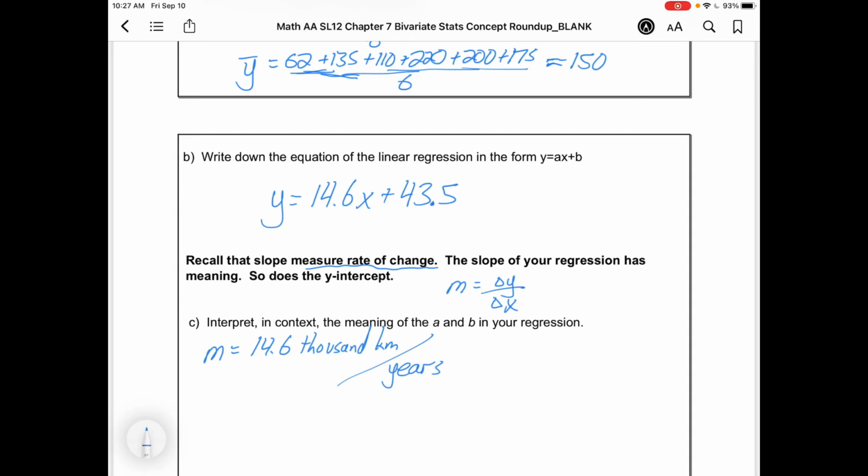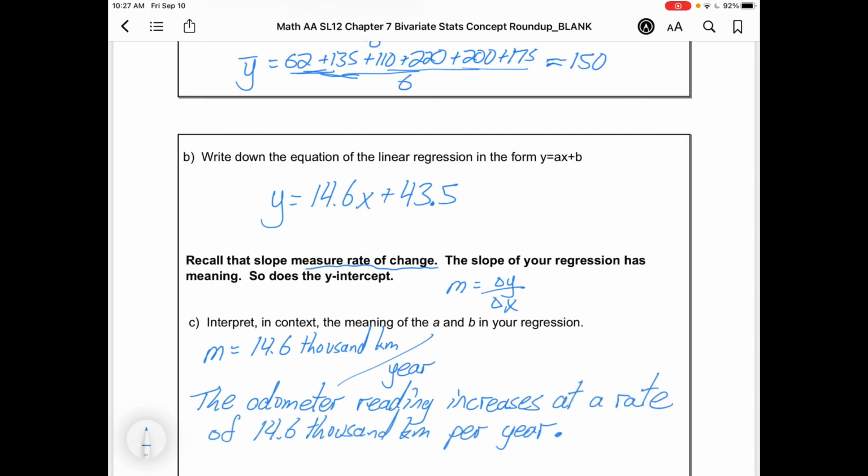So the slope in this case means that the odometer reading increases at a rate of 14.6 thousand kilometers per year. Another way to interpret that would be to say that on average, the car is driven 14.6 thousand kilometers per year from this sample using this regression.